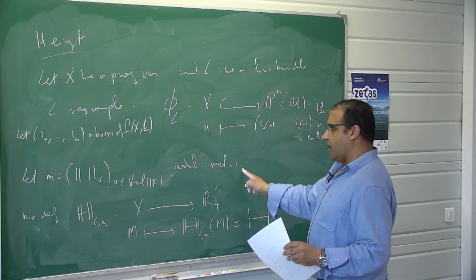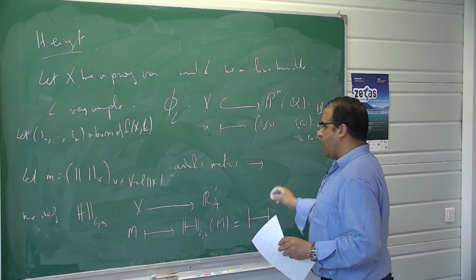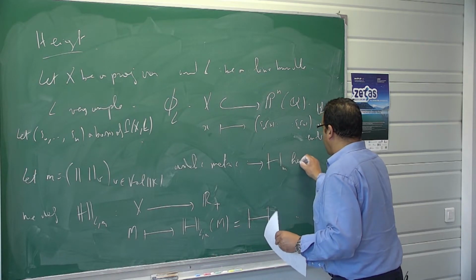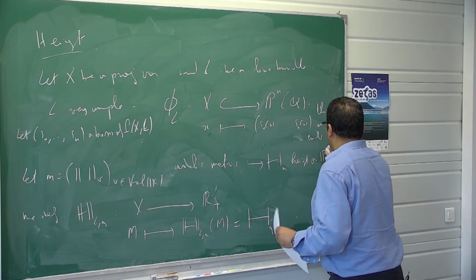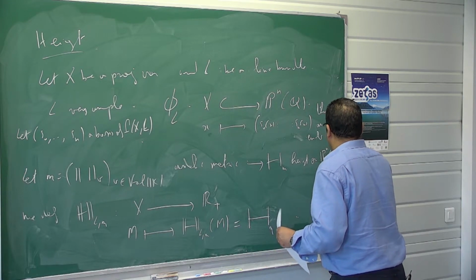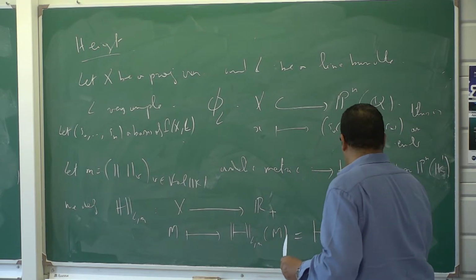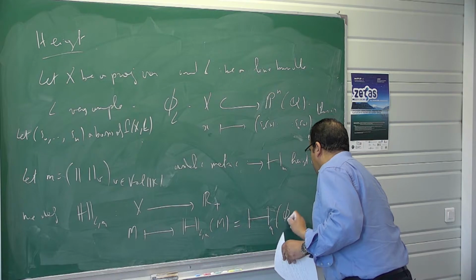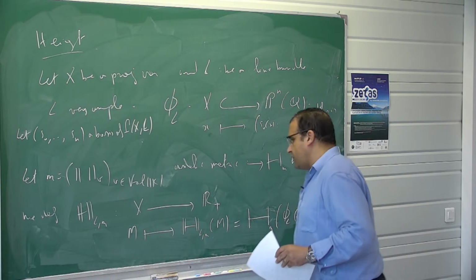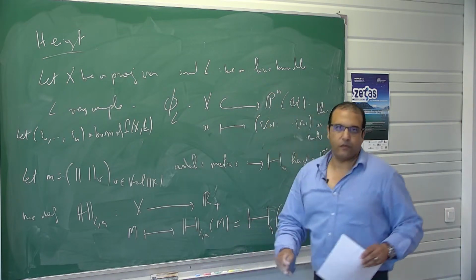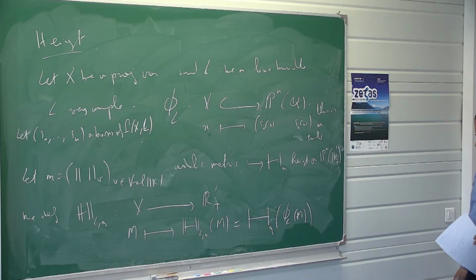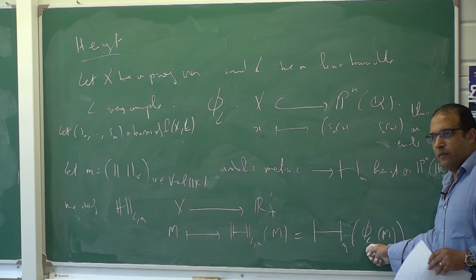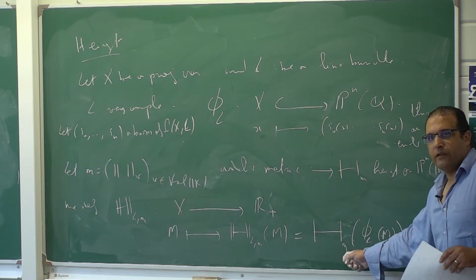To the adelic metric we have an adelic height on P^n(K), as I explained before. This is the definition of the height of the point M, and it depends on the choice of the line bundle and on the adelic metric.